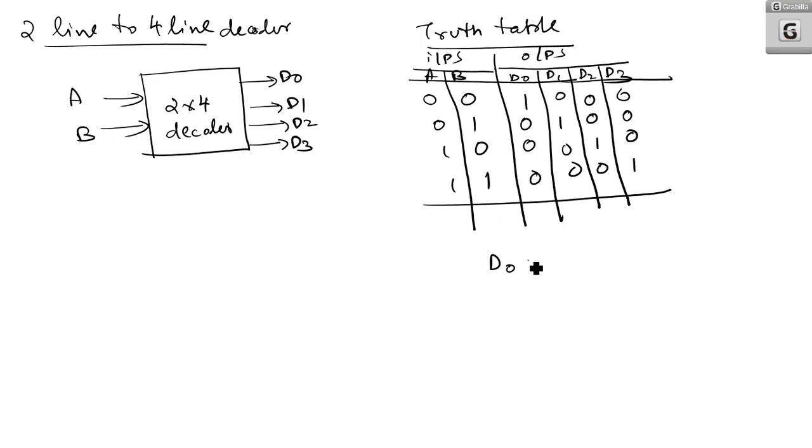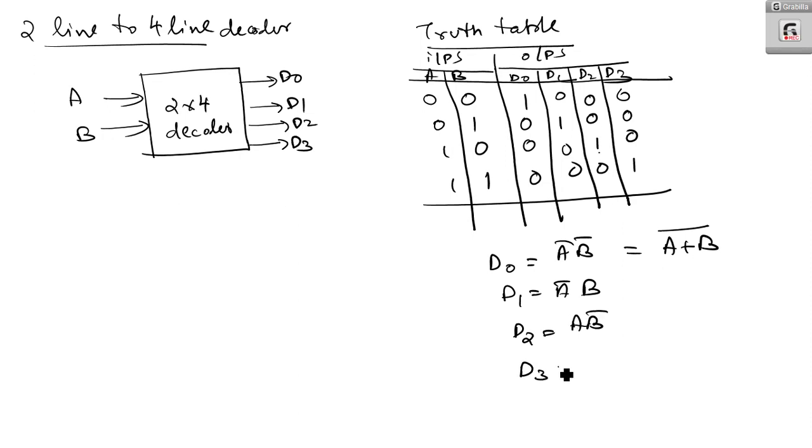D0 is A bar B bar, or we can write it as (A or B) bar according to De Morgan's law. D1 is A bar B. D2 is A B bar. And D3 is AB.